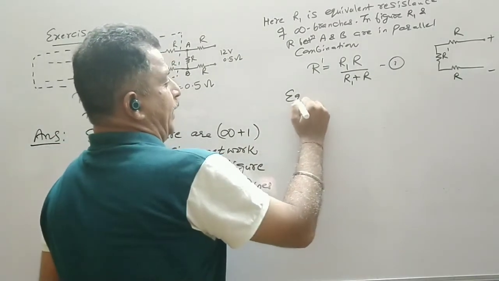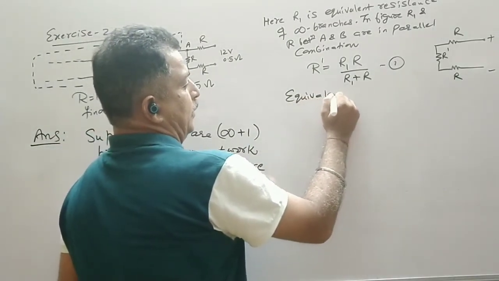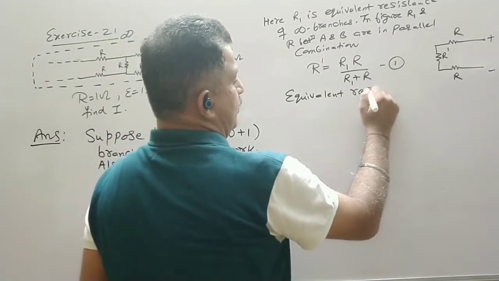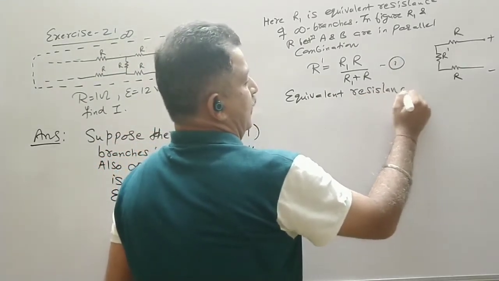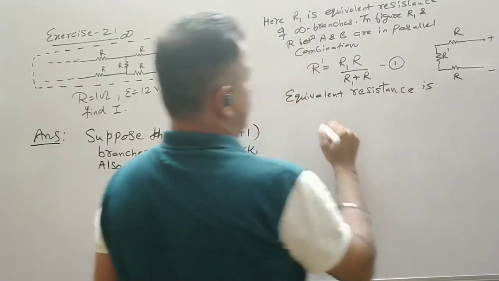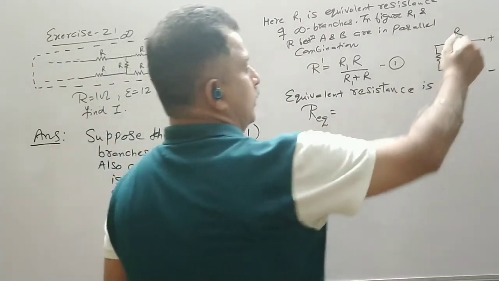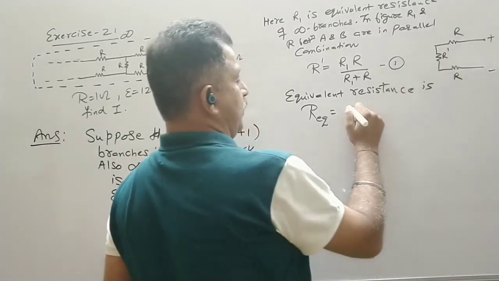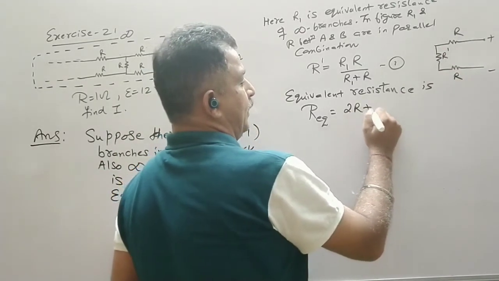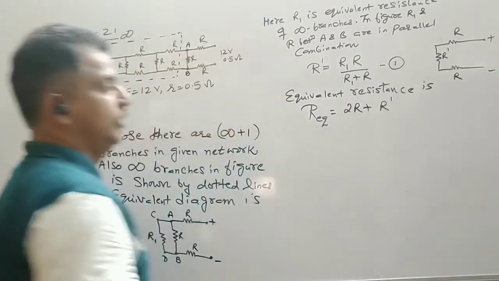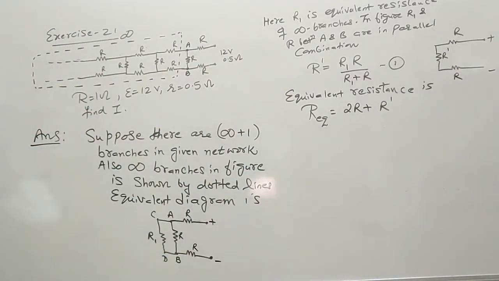The equivalent resistance is, so R equivalent will be equal to twice R plus R dash.